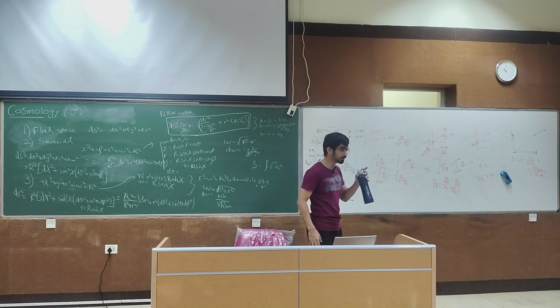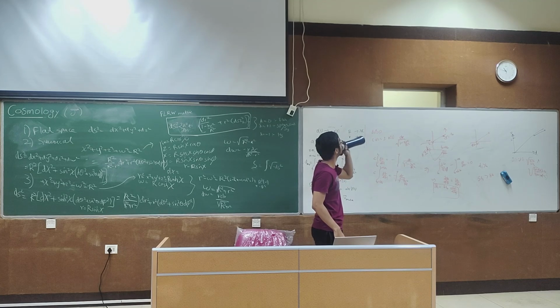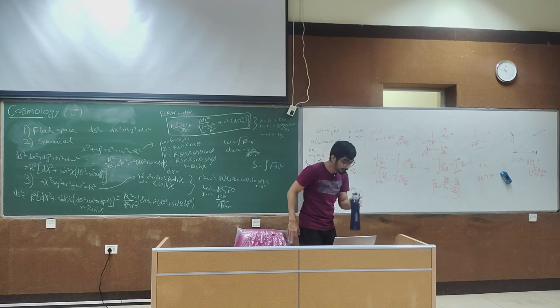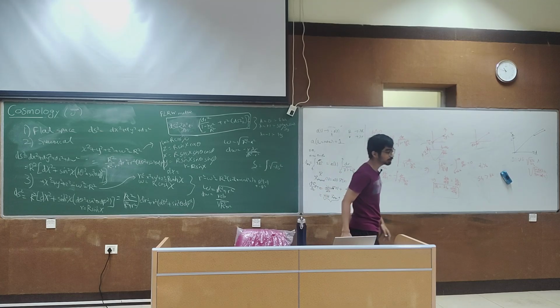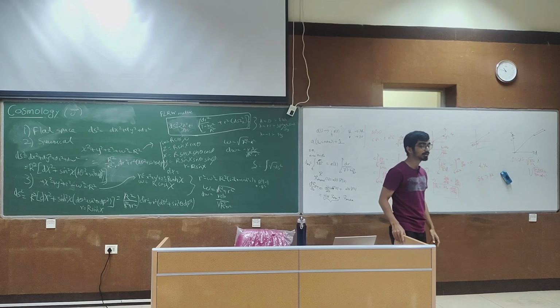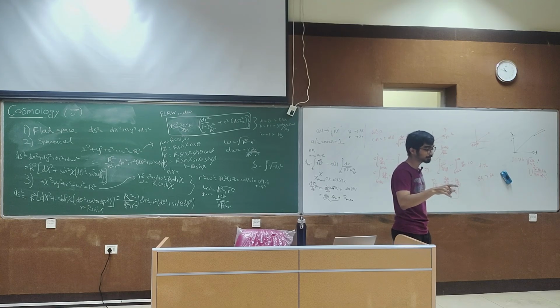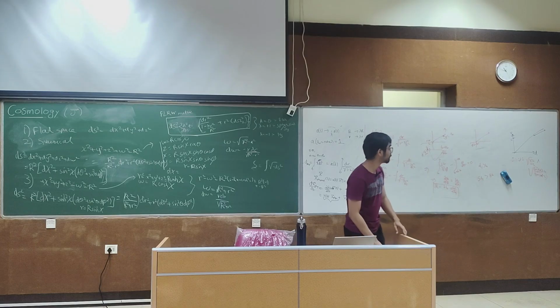You can ask me later or on Teams if you have any doubt. In fact, even in flat spacetime, if you are accelerating, you can show that the speed of light is not constant. This is one question which I posted in decoherence, I guess. You can get back to me on how to prove that.